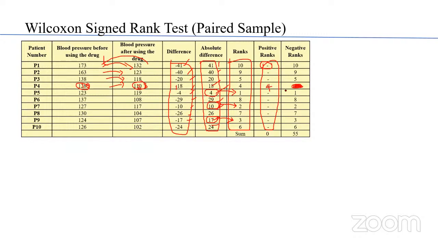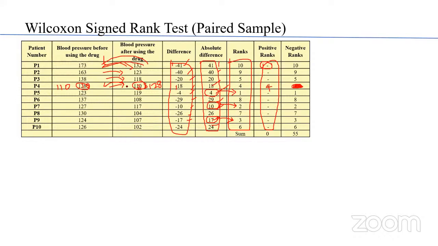In this case, fortunately, we have got all negative things only. So if we just deduct this, 132 minus 173 is minus 41, something like that. Suppose patient 4 earlier had 110, and after using the medicine, assume that his diastolic blood pressure increased.